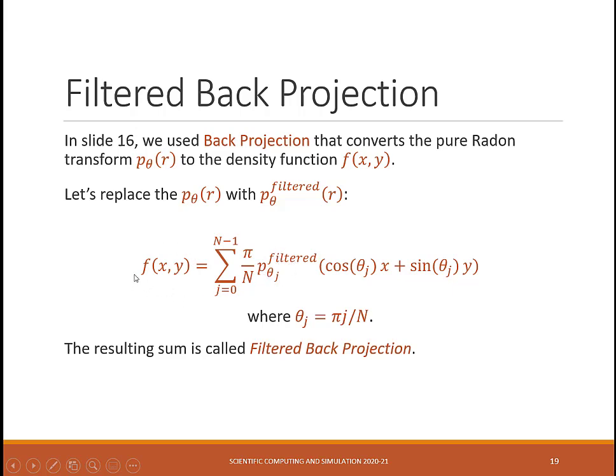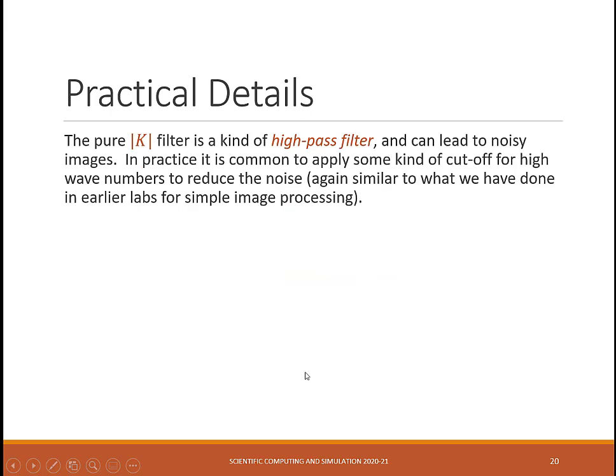The images produced by the filtered version of back projection have better quality than the pure back projection. In Lab 3, we will implement computed tomography algorithms and use Fourier transforms to filter sinograms. Okay, that's all for today. Thanks for watching this video.